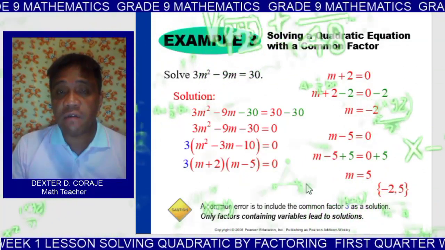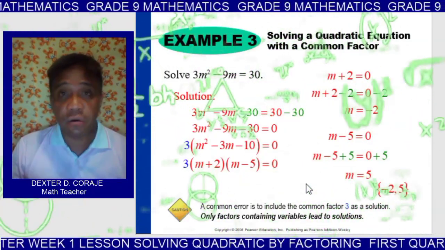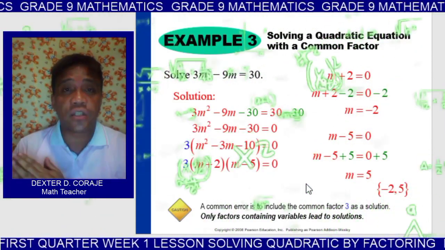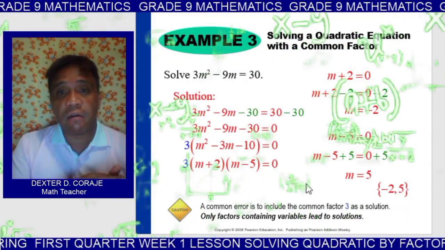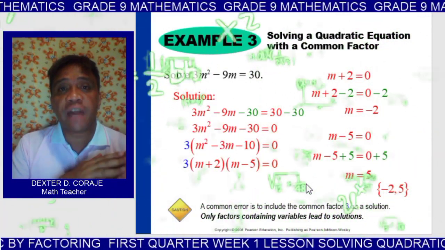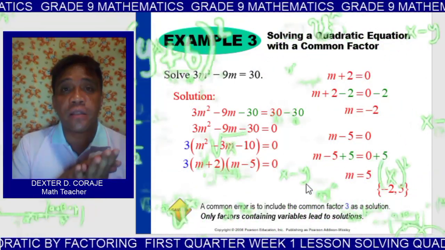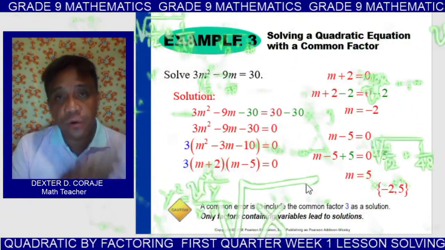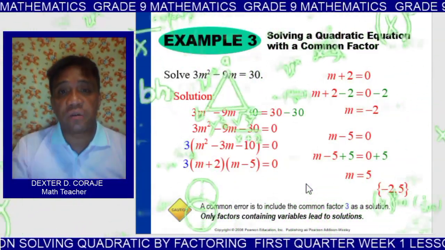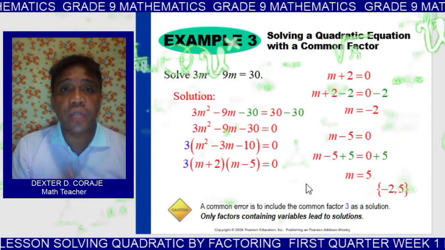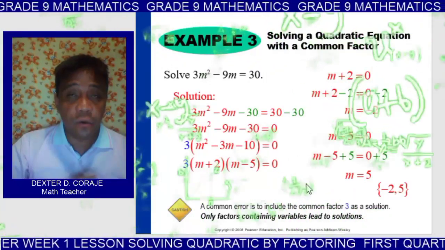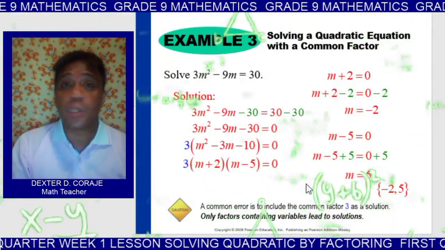So we are going to ignore the 3 there. That is why those factors having a variable term must be equated to 0, not including the numerical value as the common factor, as you notice in our example number 3.